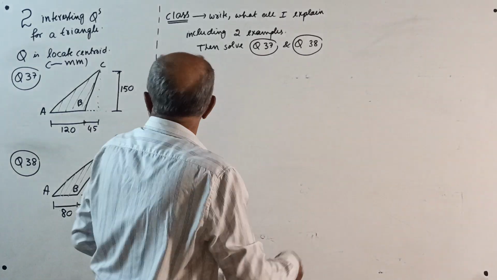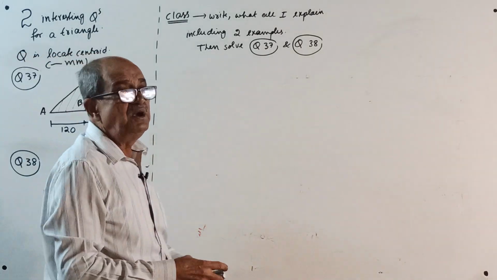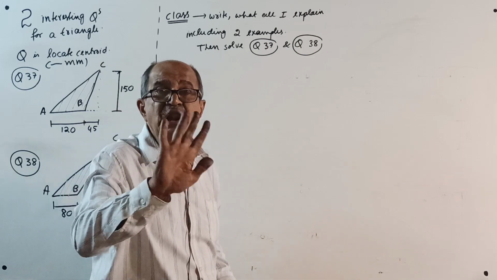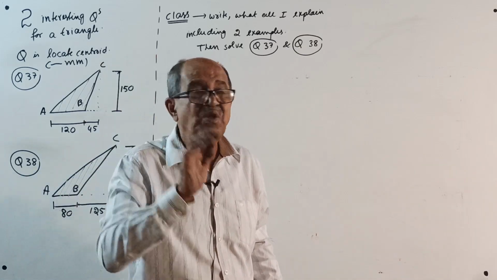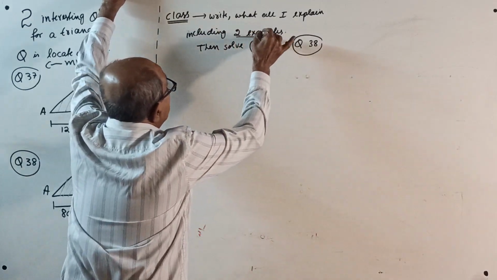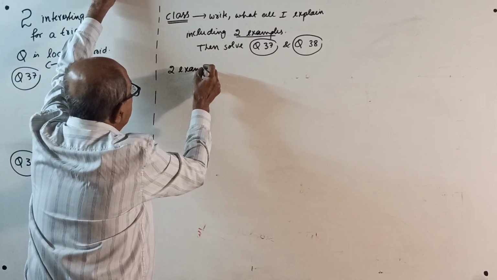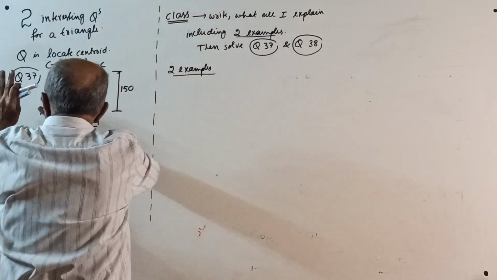Now, come to question number 37, 38. Some will say, sir, please go to that question. Still no. Now, I told two examples. Two examples I want now, before you come here.